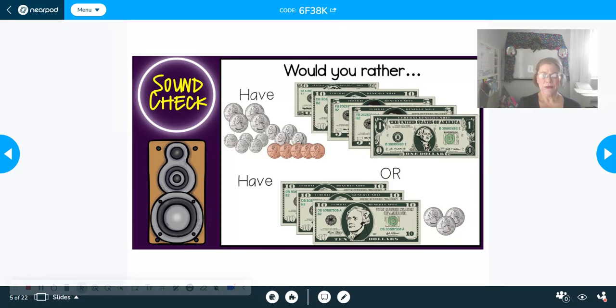we're just going to kick it up a notch, as Emerald says. We're using change and coins and dollar bills, so fun times, right? Once again, they're comparing the different amounts.